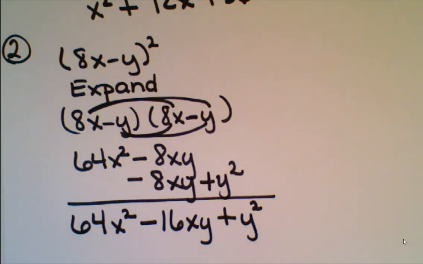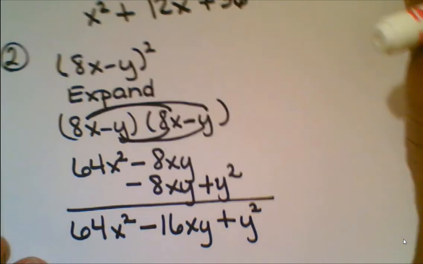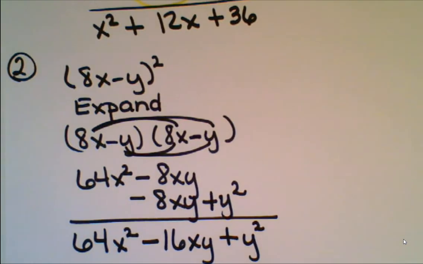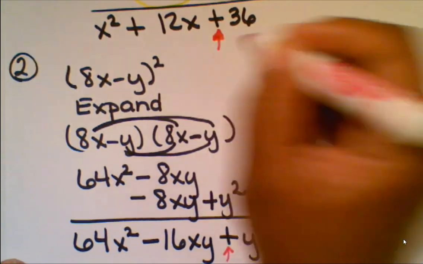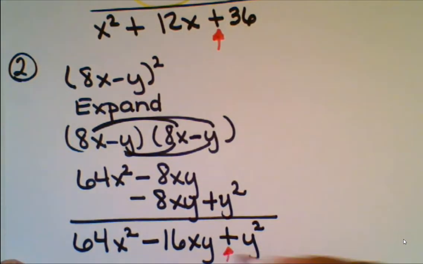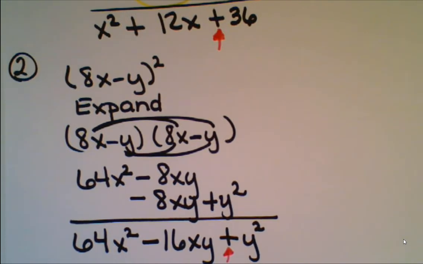And also, when you're squaring a binomial, what's going to happen always, and I want you to look at the sign of the last term, it's always going to be positive. When we start factoring, we're going to talk about this particular special case again as to what you need to look for.